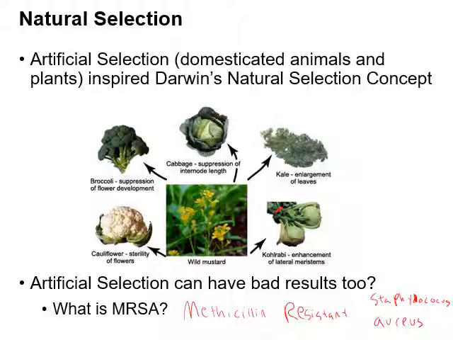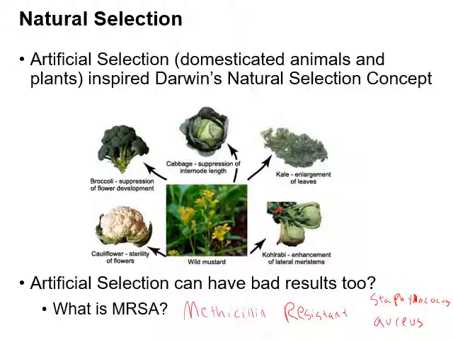Basically, you can't kill it with methicillin. Methicillin will not work on it. And the reason is because it has evolved. Essentially what has happened is we've killed off all of the weak Staphylococcus aureus, and what is left is the Staphylococcus that is resistant to methicillin, that can do quite fine around methicillin.